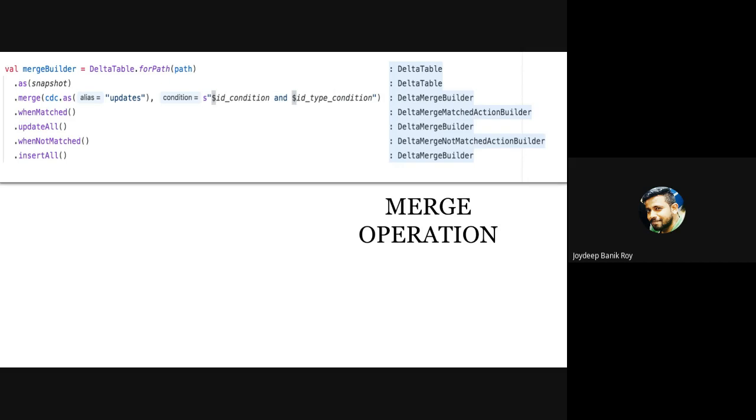We're trying to join on something, right? There are two, ID and ID type, we're trying to join on. You're saying when matched, update everything. When not matched, insert everything. So basically, your updates has all your data that either needs to be inserted or needs to be updated on the snapshot, right? That's what we want when we want to grow a table. Either it's an insert or it's an update, right?